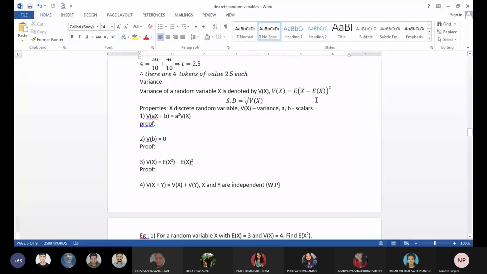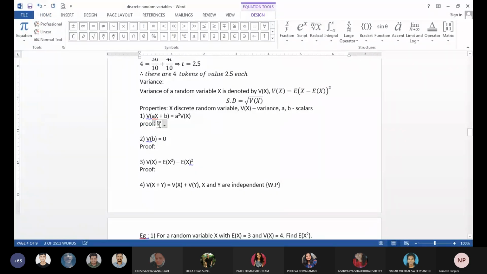Okay, so we start with the proof of the first result, that is variance of ax plus b. As per the formula, variance of x is expected value of x minus E of x the whole square.